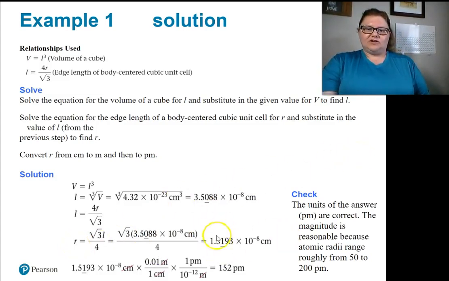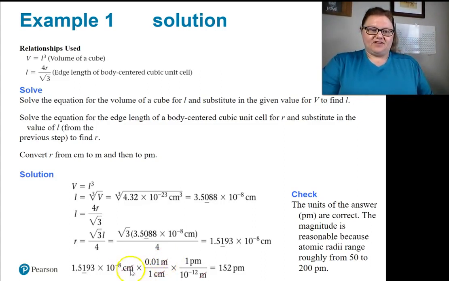Okay, so when we do that math here for this problem, we end up with this large number here, but that's again in centimeters. So we need the relationship to go from centimeters to picometers, and what we need to do for that is go through the meter. And so using the relationship there, a centimeter is 1/100th of a meter, or 0.01.